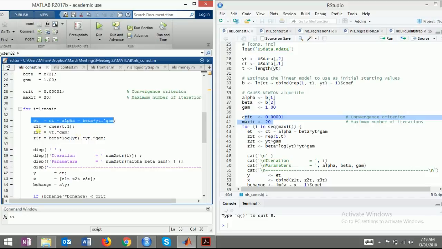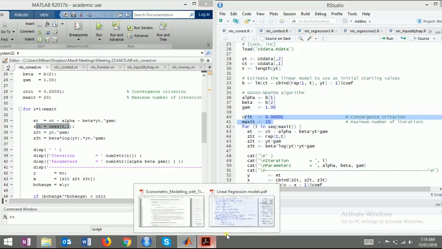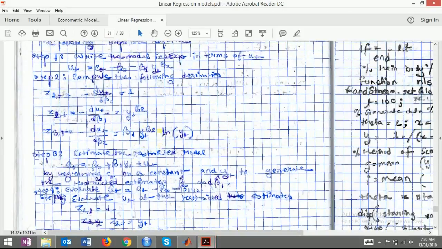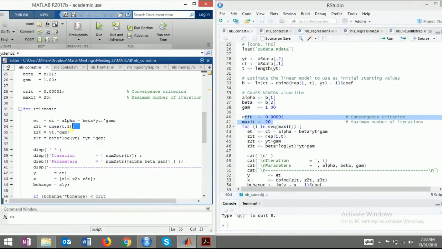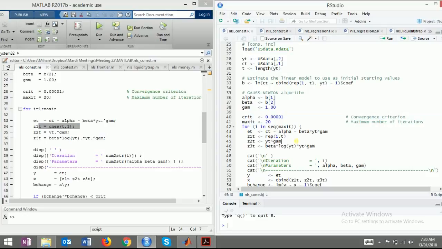then z1t equals 1, t rows 1 column. Let's have a look very carefully. First, write the model in terms of ut, then z1t, z2t is yt to the power beta 2, z3t is beta 1 yt to the power beta 2 log of yt. z1 is once, t times, repeating for i equals 1 to the maximum number of iterations.